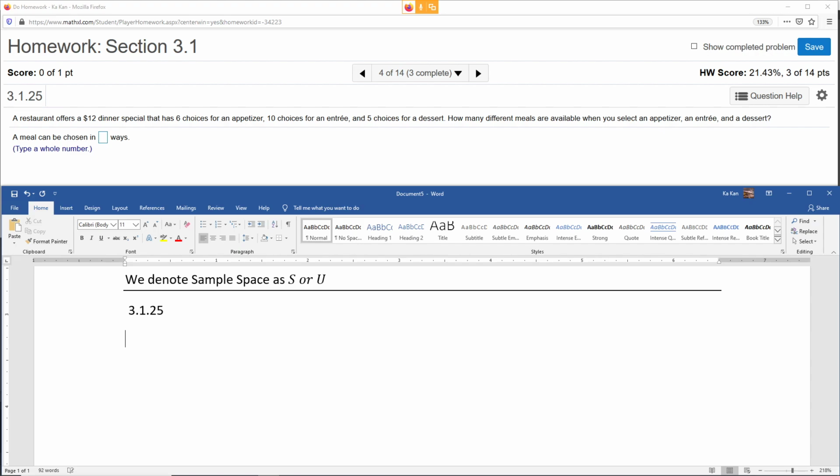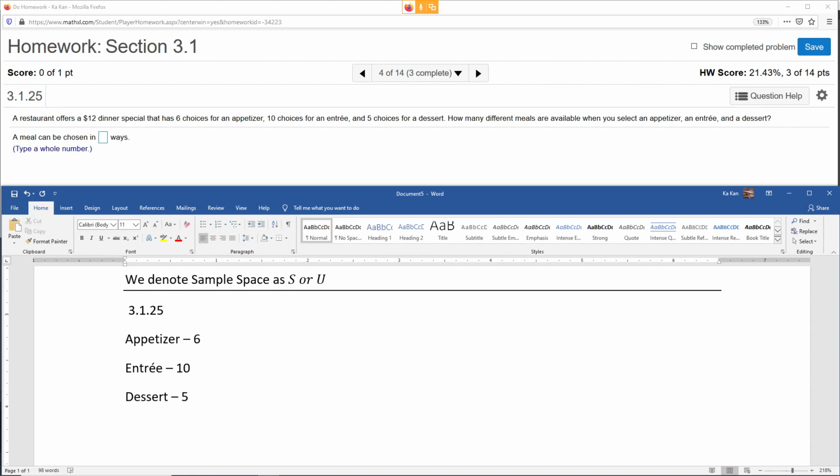So this is 3.1.25. We have 6 appetizers. We have an entree, which is 10 choices, like spaghetti, whatever you got, or fish. Dessert, you have 5 choices. So you can choose your own meal in this particular restaurant. It could be like Ruby Tuesday or something. So how many different combinations can you have altogether? It's actually very easy.